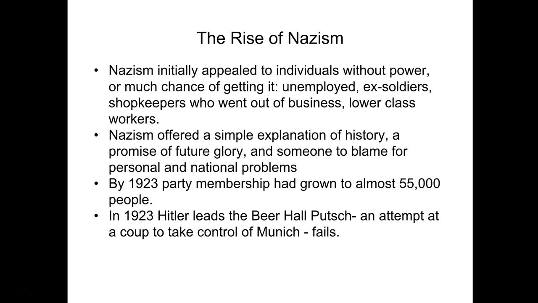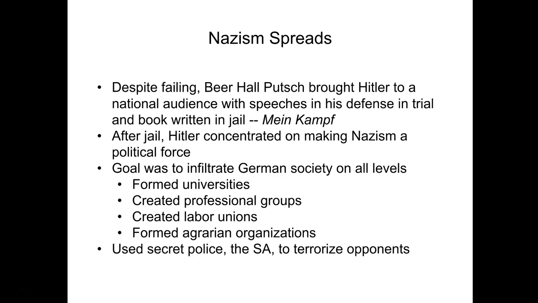In 1923, Hitler leads something called the Beer Hall Putsch, an attempt to overthrow the government of Munich that starts in a beer hall. It fails and he is thrown in jail. But while he was in jail, he writes Mein Kampf, which is his explanation of history, and it brings national attention to him because the failed coup shows up in the newspapers and everyone's thinking, did you hear about this guy in Munich?